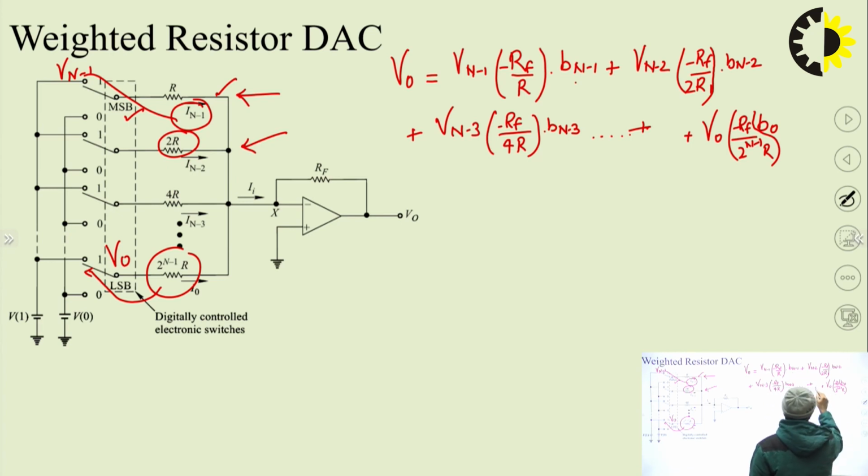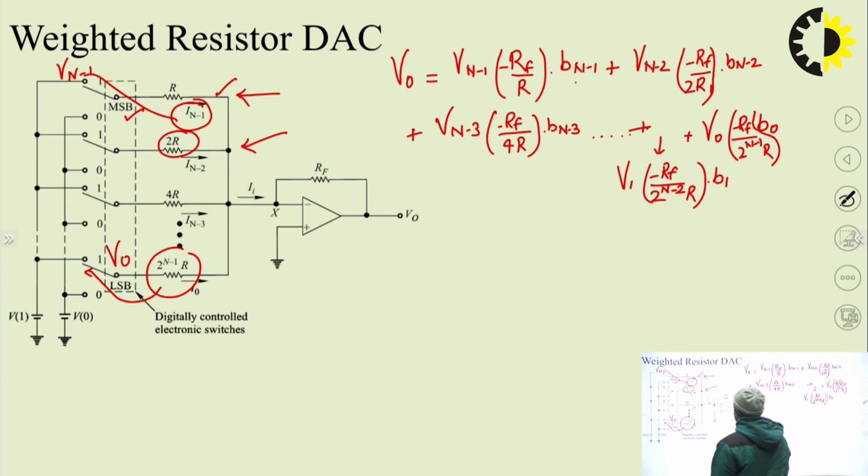And if we write the one more step from the LSB side, it will be V1 into minus Rf upon 2 raised to power n minus 2 R into B1. Okay, so this is the overall expression of the voltage at this final output.